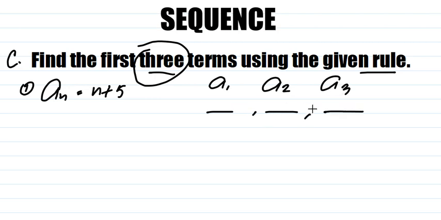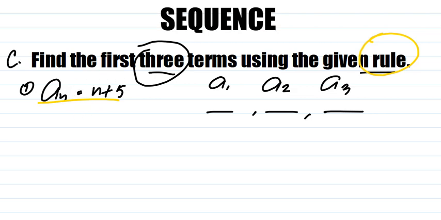Okay? And yung bago lang dito is, sinasabi na using the given rule. Pag sinasabi mong rule, we are talking about the given formula. So, hanapin niyo yung value ng tatlong unang terms gamit yung formula.